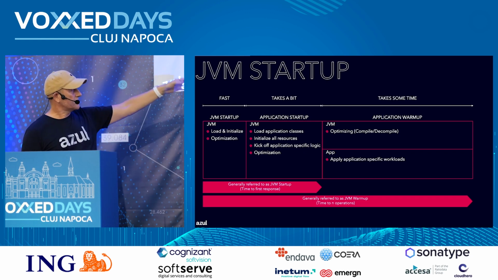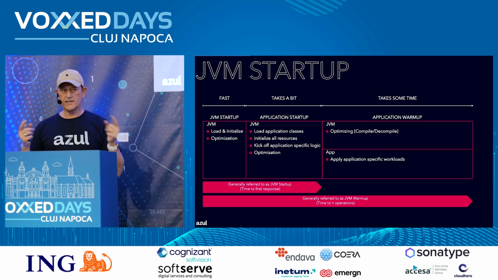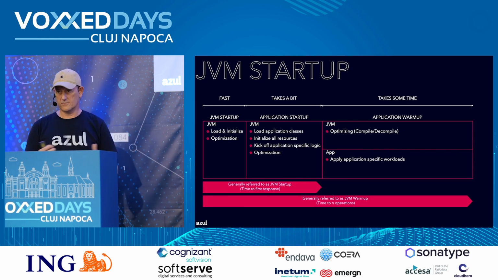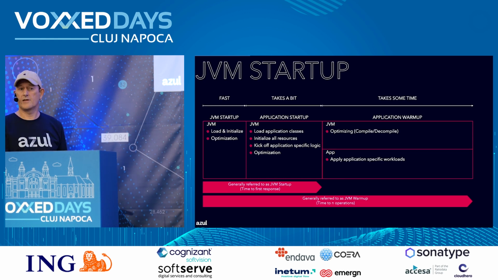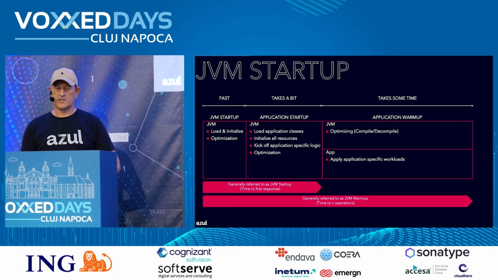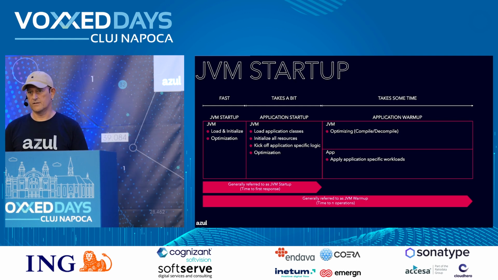And this is then the JVM warm-up. So just keep in mind when people talk about that, you really have to think about what they are talking about. Is it JVM startup? Is it JVM warm-up? Does it include the application startup and all these things? These days, you find a lot of people just blaming Java for being slow on microservices. It really depends how you define that, right?